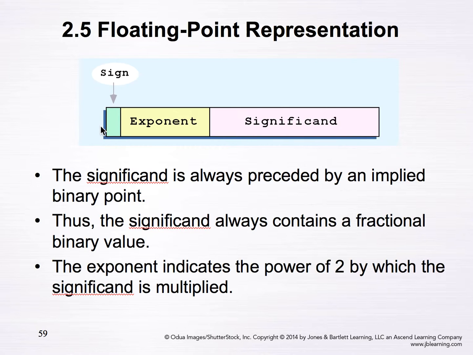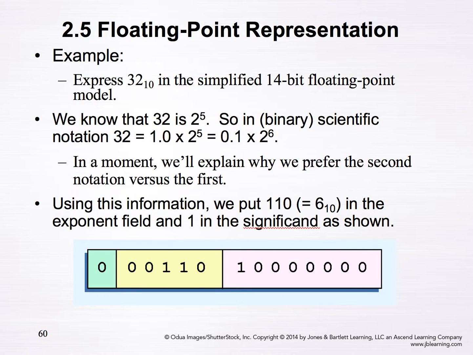We can show this through an example. Here is a simple example to show how floating point can be used to represent a number. Say we have the number 32 in decimal, and we want to use the simplified 14-bit floating point model to represent it.